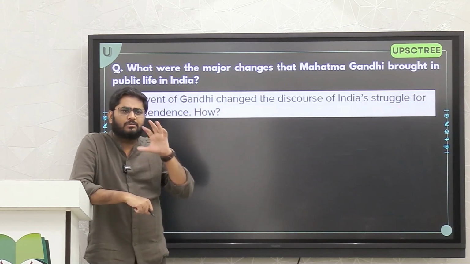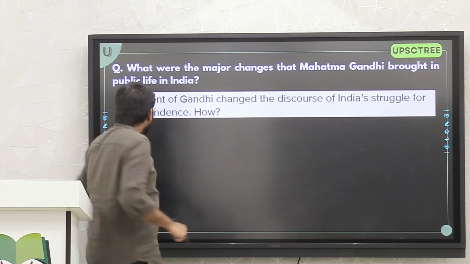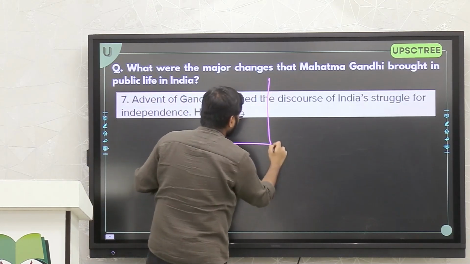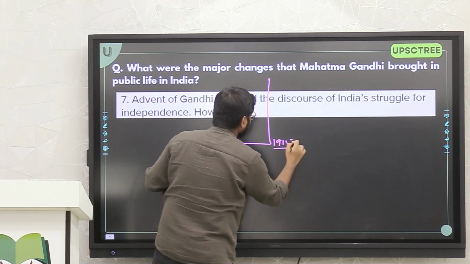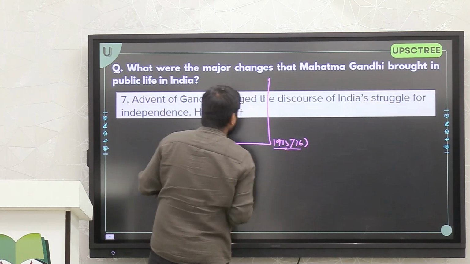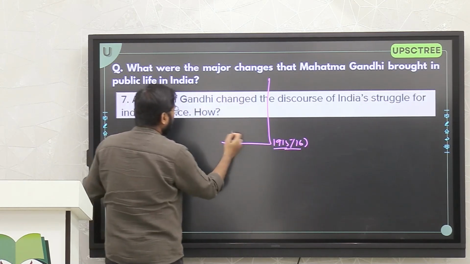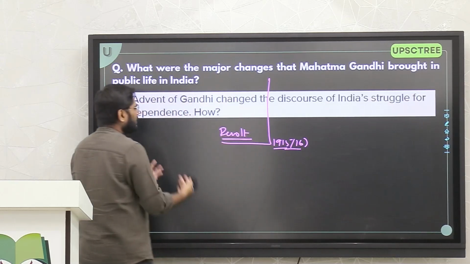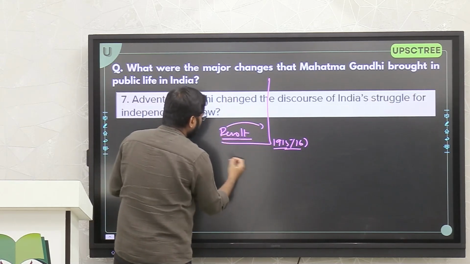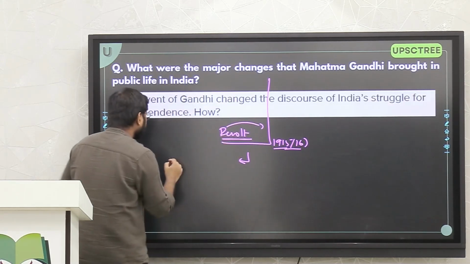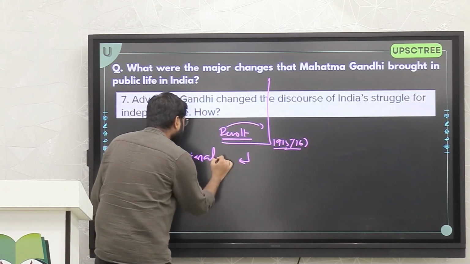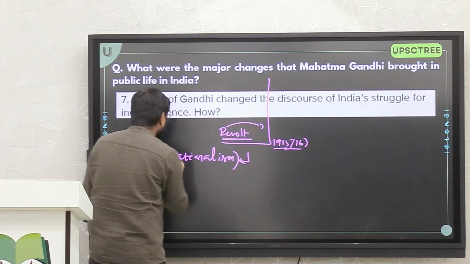See, if you look at Mahatma Gandhi, prior to Mahatma Gandhi coming to India in say 1915-16, we had so many revolts, specifically the revolt of 1857, all other revolts. But what was lacking in these revolts is national consciousness or nationalism.